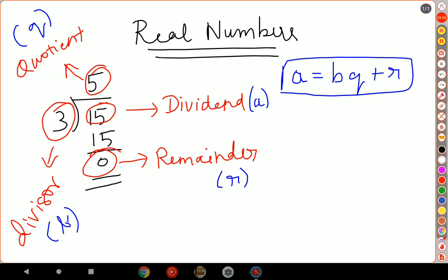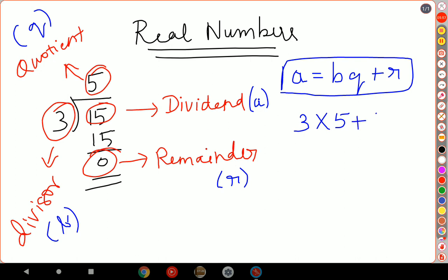So let us test it here. How are we going to test it? What is B? B is 3, multiplied by Q. What is Q? 5. Quotient and remainder.